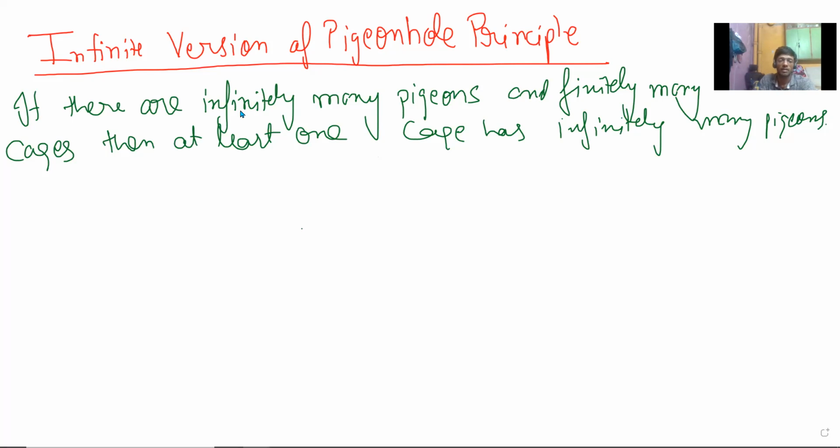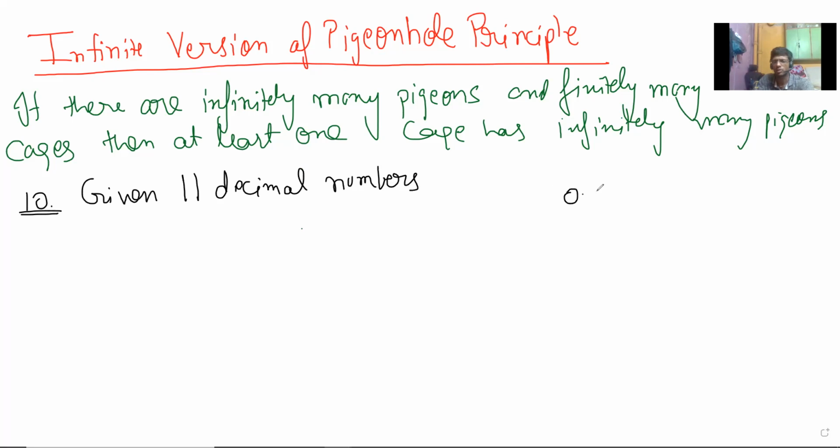This is problem number 10 from Arthur Engel. It says that if you are given 11 decimal numbers, like 1, 2, 1, 1, like this, and there are 11 of them.